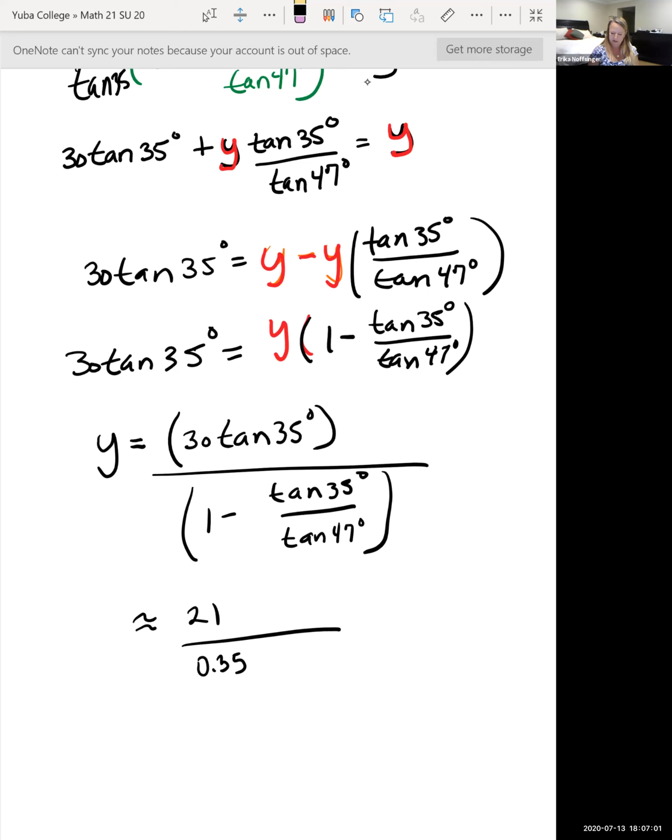So 30 tan of 35 divided by my answer, I get approximately 6, and it said round to the nearest foot, I believe. Nope, nearest whole number.